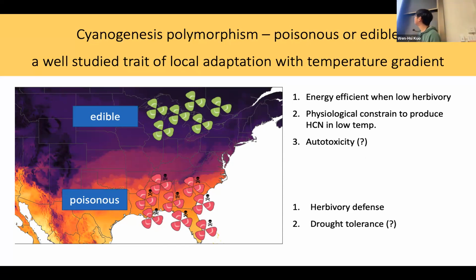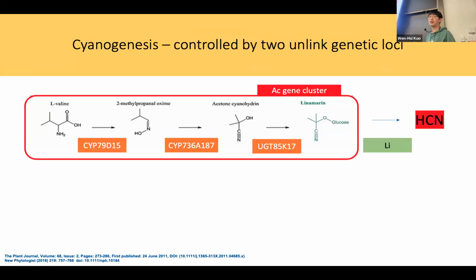Also, physiologically, the cold temperature can constrain cyanide biosynthesis. And in the north, frost can cause leaf freezing, and the water molecules can rupture the cells, which can cause autotoxicity if the clover is poisonous. We also know the genetic mechanism of cyanogenesis polymorphism.